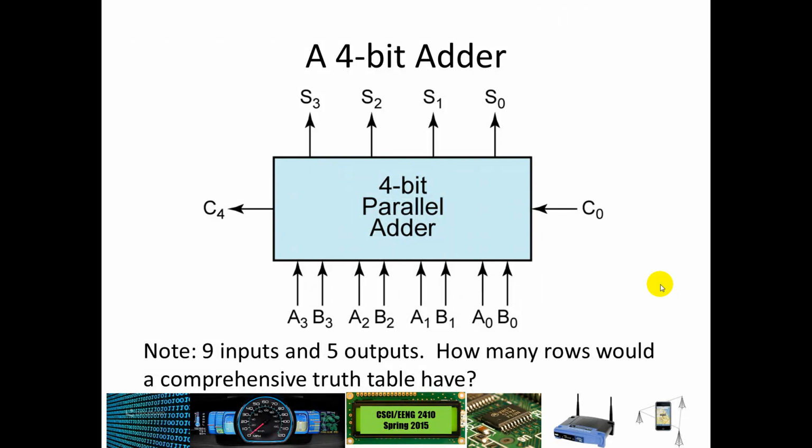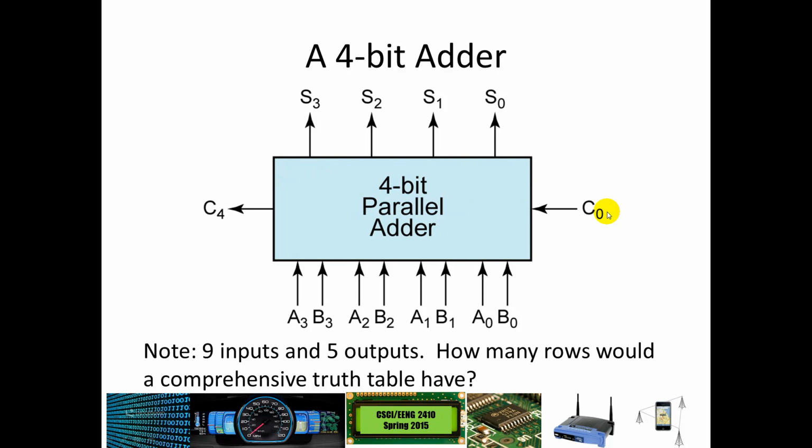This would be a 4-bit adder. So if you had 4 different bits of A added to 4 different bits of B, we can also add in a carry in, which would be our C0, and a carry out, which would be C4. That would allow us to cascade these together, so that instead of just a 4-bit adder, you could have an 8-bit adder and just carry the carry out, C4, into the carry in for the next stage.